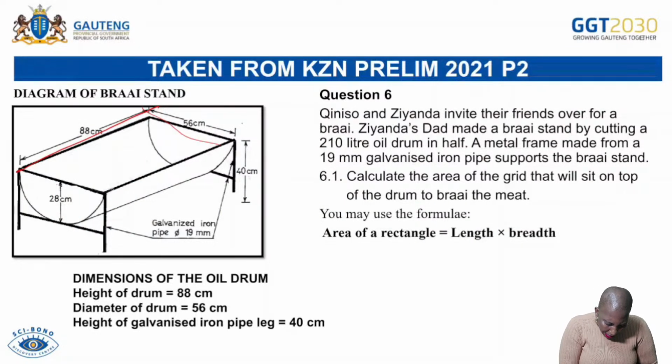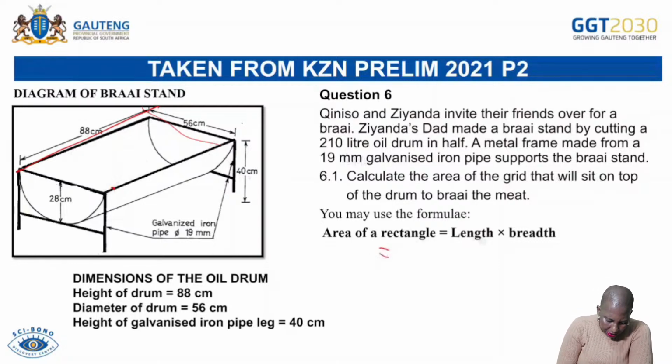So meaning this small portion, it is 19 millimeter galvanized iron pipe support the brass stand. Calculate the area of the grid that will sit on top of the drum to braai the meat. And then they are telling us you may use this formula. What I like about this, they are giving us that information to use for your calculation or to answer your question.